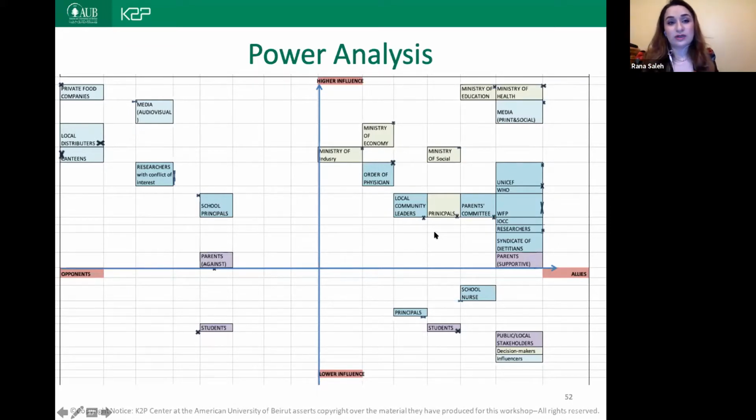Another important consideration when working on the power analysis is that you have to segregate the same category of stakeholders if you might have oppositions and supporters within it. So for example, you have principals and allies and also principals and oppositions. Why?